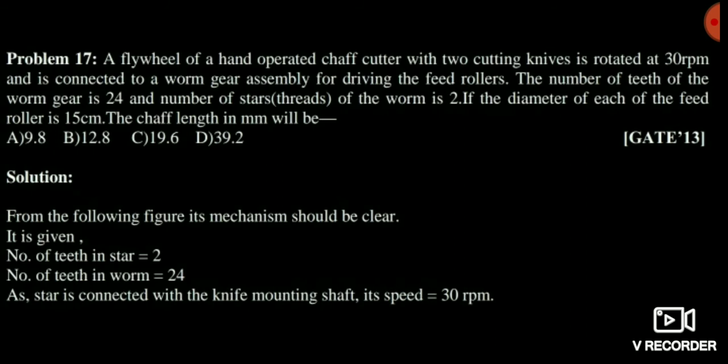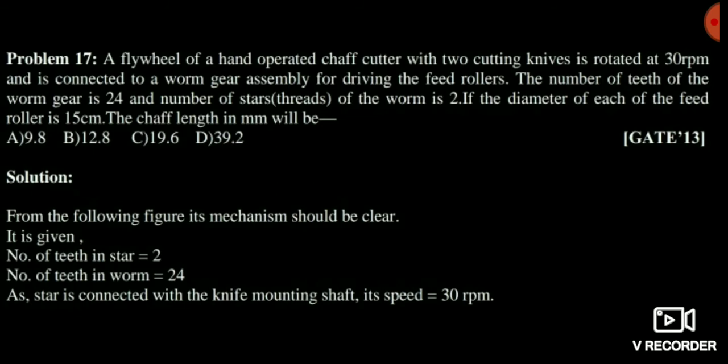And friends, now you see here, in this case there are two cutting knives present. So when one cutting knife is present, then it will cut the chaff 30 times in 1 minute. But here two cutting knives are present, then they will cut the chaff 30 into 2 times per minute, means 60 times per minute.